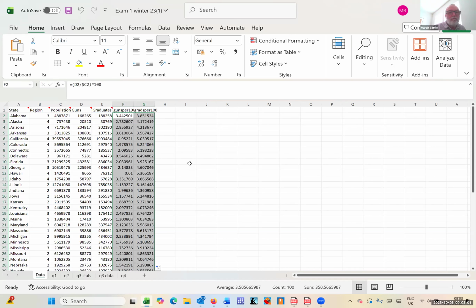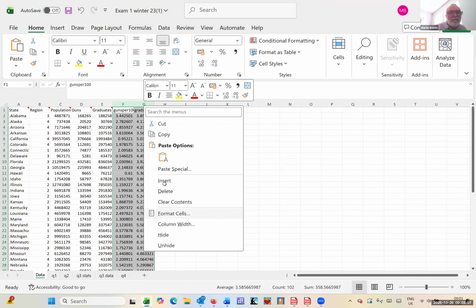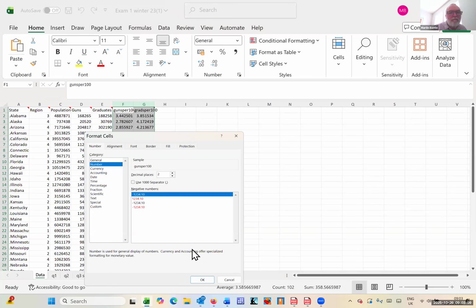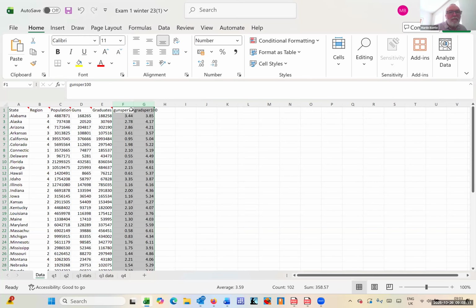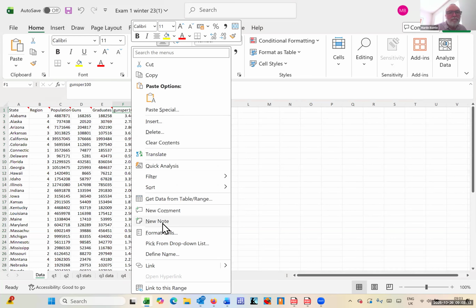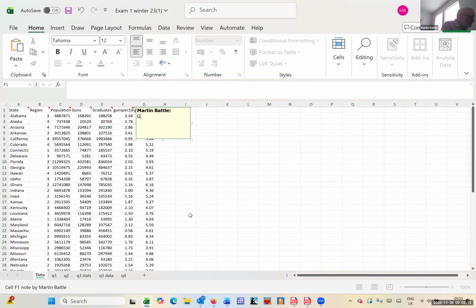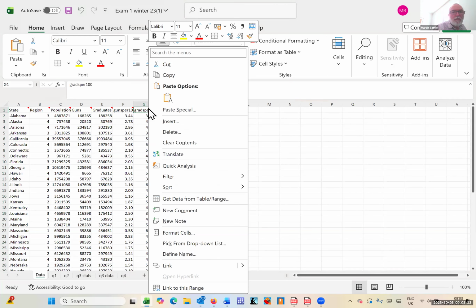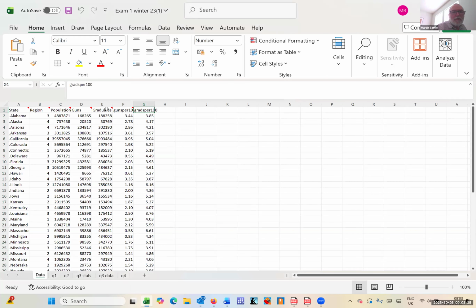I'm just going to click. So these are my variables. I'm going to format the cells. These are ugly. Number two. Yeah. I'm going to create a code book. Guns per 100 population. What's actually the code for this?